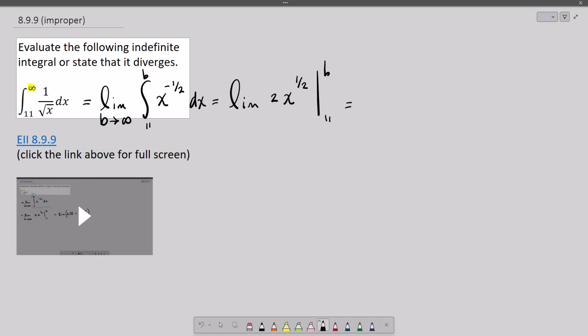And if you want to pull the 2 out to the front, you can. Does not matter either way. This will be the square root of b minus the square root of 11. And this limit is as b goes all the way to infinity. And what is that limit?